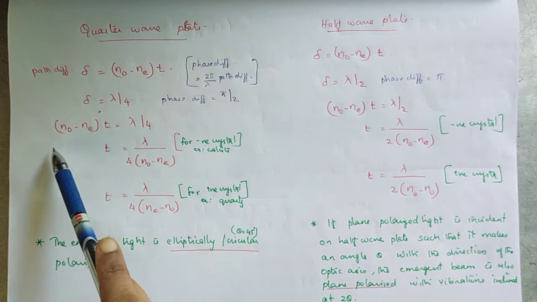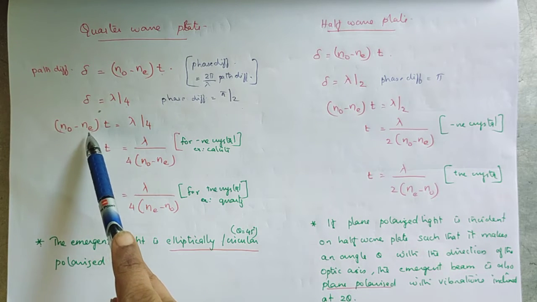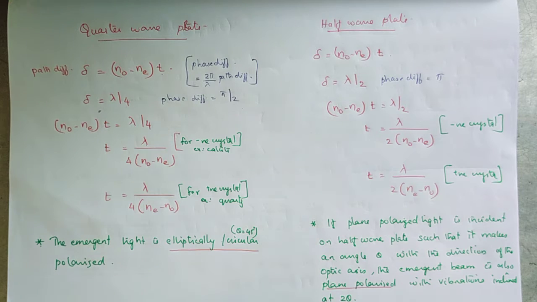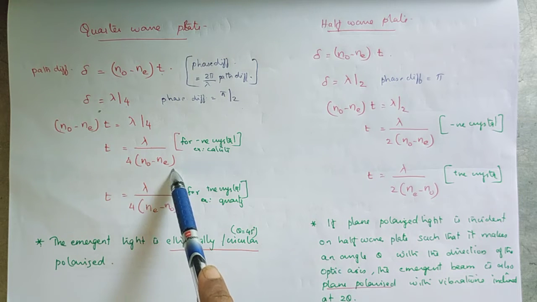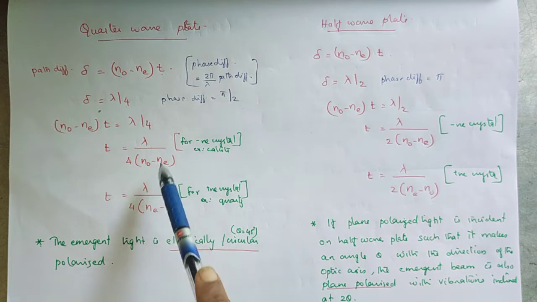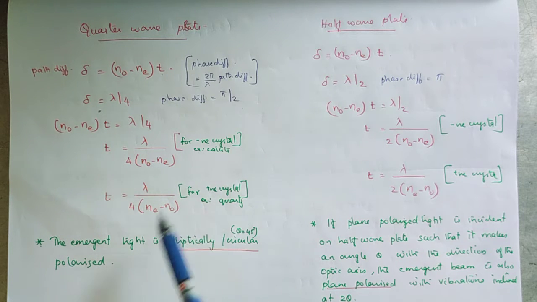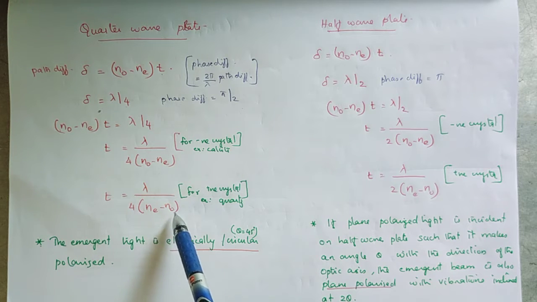We will do just simple mathematical steps. (n_o minus n_e) t is equal to lambda by 4, so we get t equal to lambda by 4 into (n_o minus n_e). That is for the case of negative crystals. If we take positive crystals, like quartz crystals, the thickness of the plate t is equal to lambda by 4 into (n_e minus n_o).